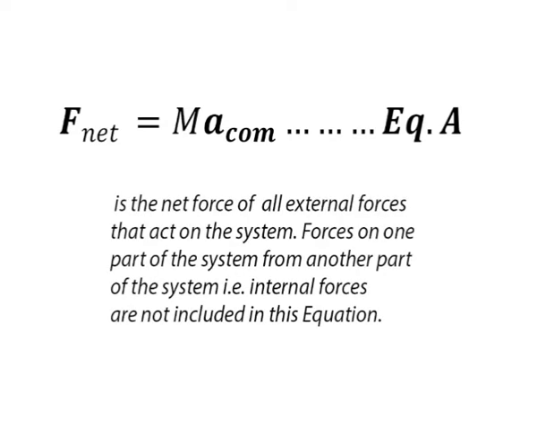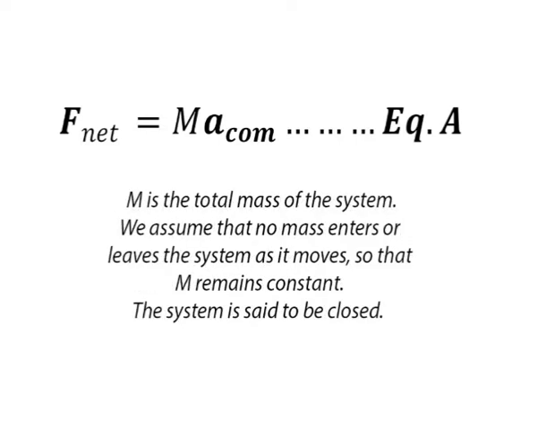First, F net is the net force of all external forces that act on the system. Forces on one part of the system from another part of the system, that is internal forces, are not included in this equation. Second, m is the total mass of the system.